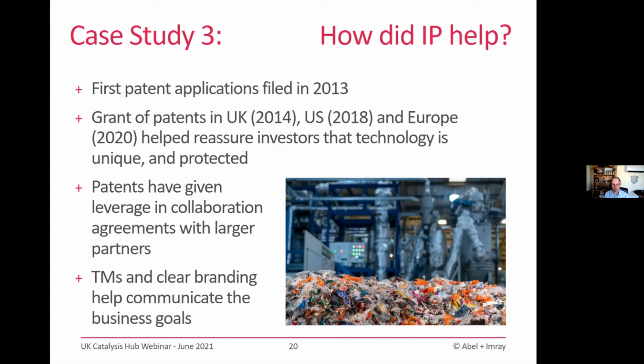Plaques sounds a bit like wax, and that allows you to really get across the message and make sure that they've got space to use their terminology, their names on everything. So intellectual property has been pretty helpful, but what you can see there is this is quite a long-term thing.